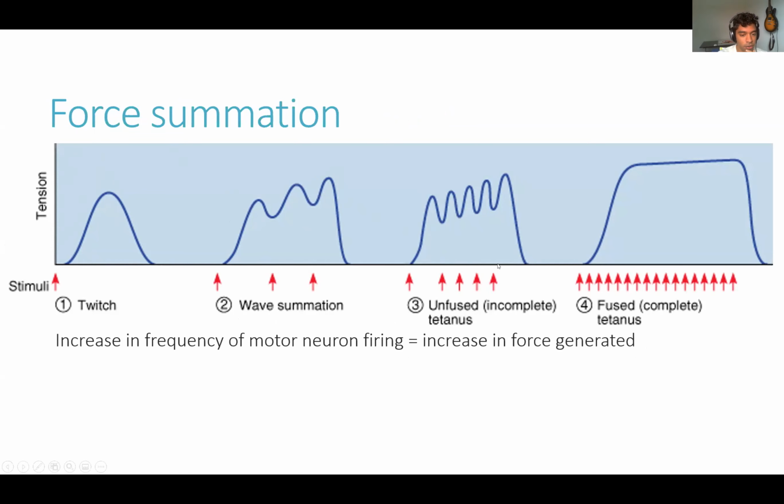So the faster the frequency, the more tension you're going to get because you're building off the previous wave. Before it comes down again, you can fire another action potential and it increases the tension again. And if you get high enough frequency, the tetanus, so tetanus is when you get very high frequency so the muscle stays contracted, it fuses. So the tension doesn't vary. It just starts becoming a straight line because your frequency is so fast, you can barely tell the difference between those waves.